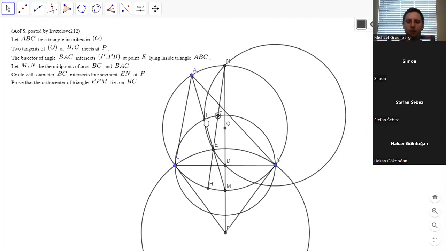I think that solves the problem because IA times IM over, what are the two? IA times IM over IE. Oh no, because then I'd have to draw it all the way down there.